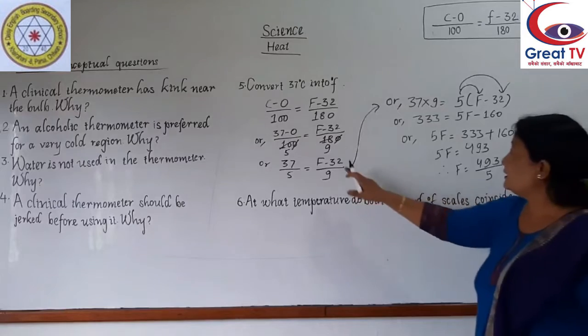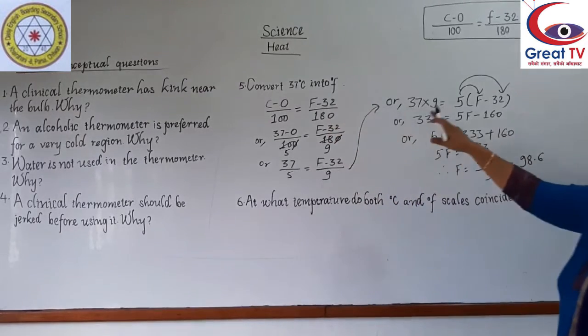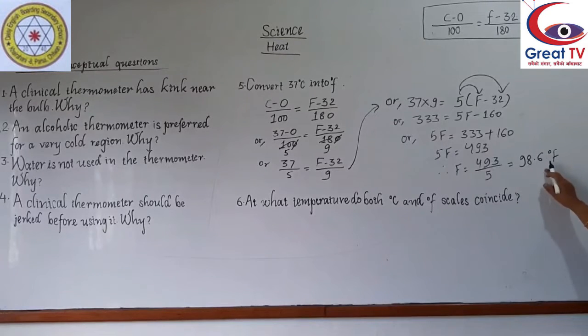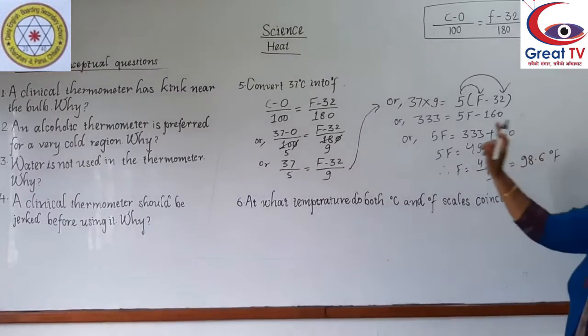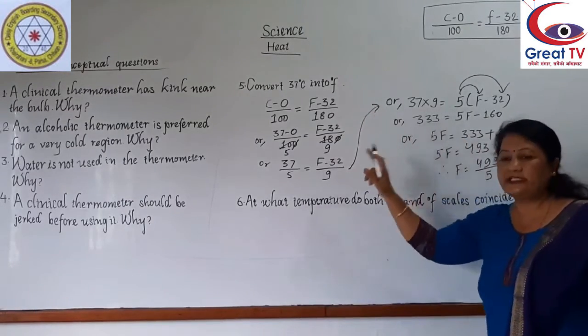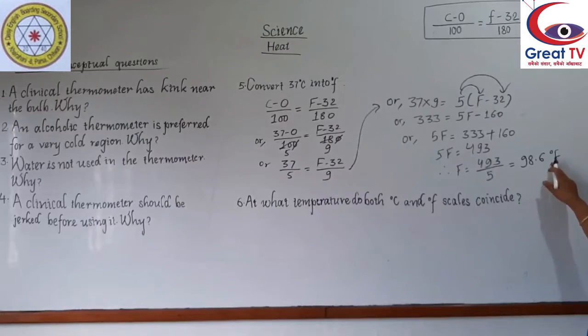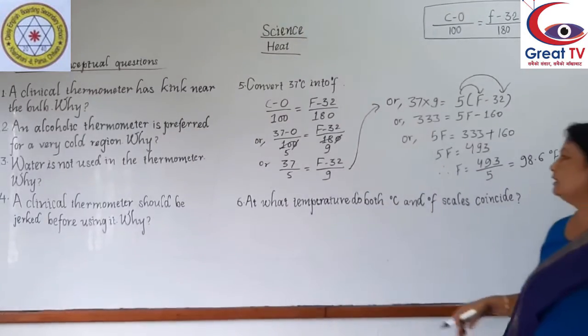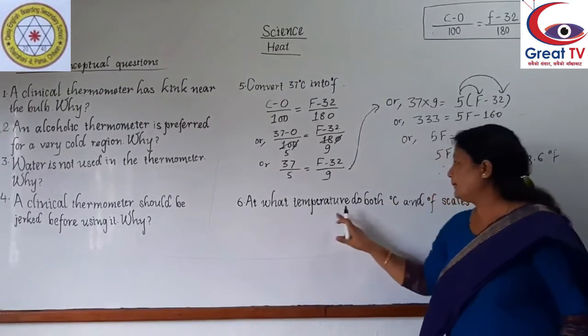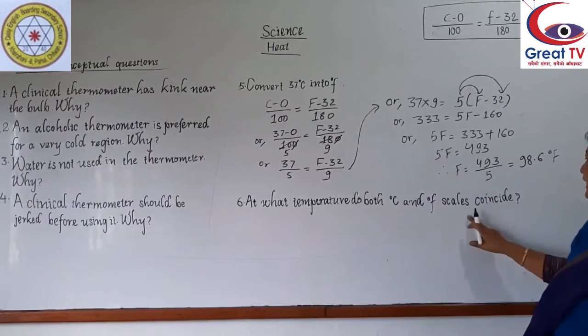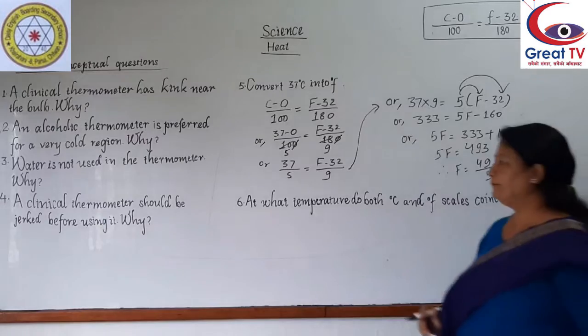So 37 degrees Celsius is equal to 98.6 degrees Fahrenheit. Now the next question: at what temperature do both the Celsius and Fahrenheit scales coincide?